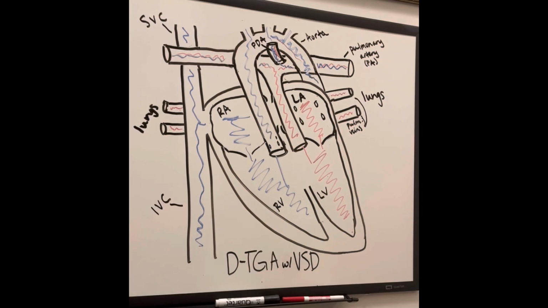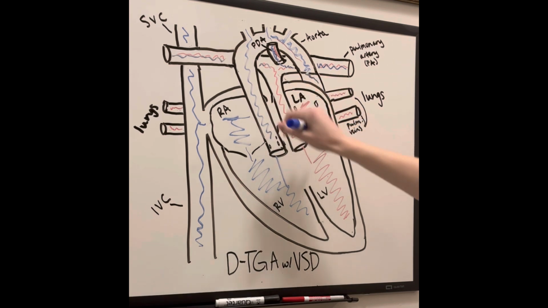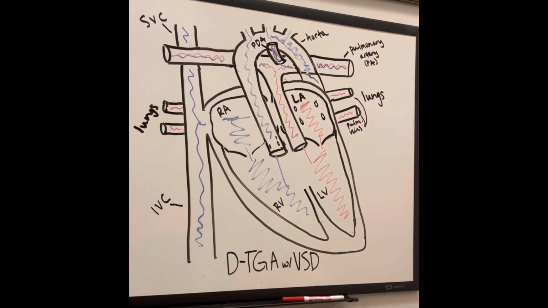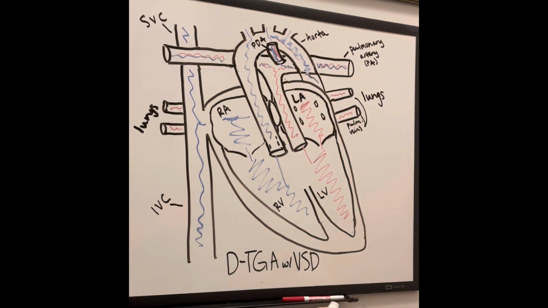Another point of mixing blood that she'll have is through what's called a PFO, or a small hole in the atriums between the left and right atrium. It's sometimes present at birth and can close on its own. We won't know the size of it until she's born.